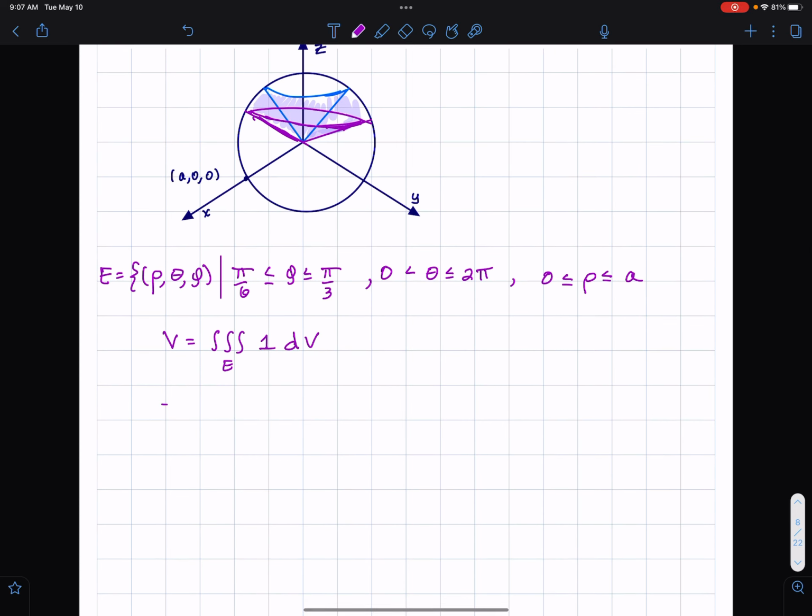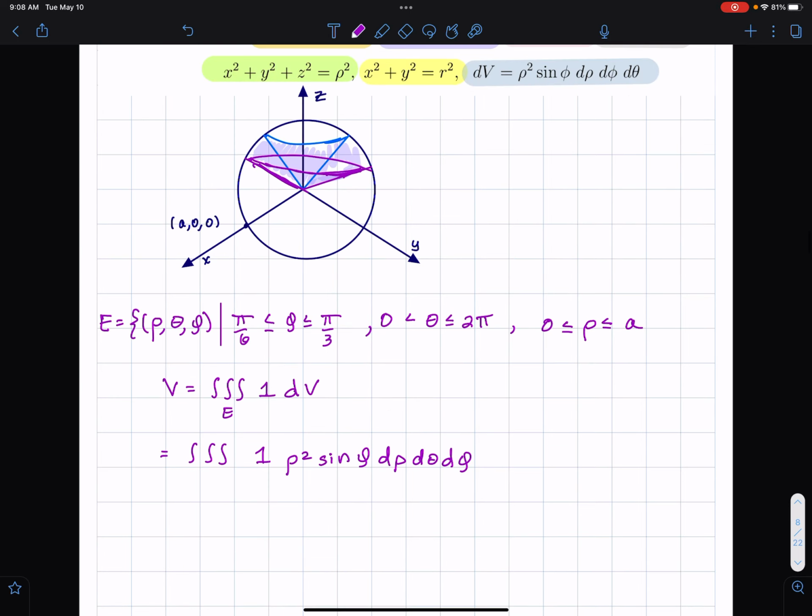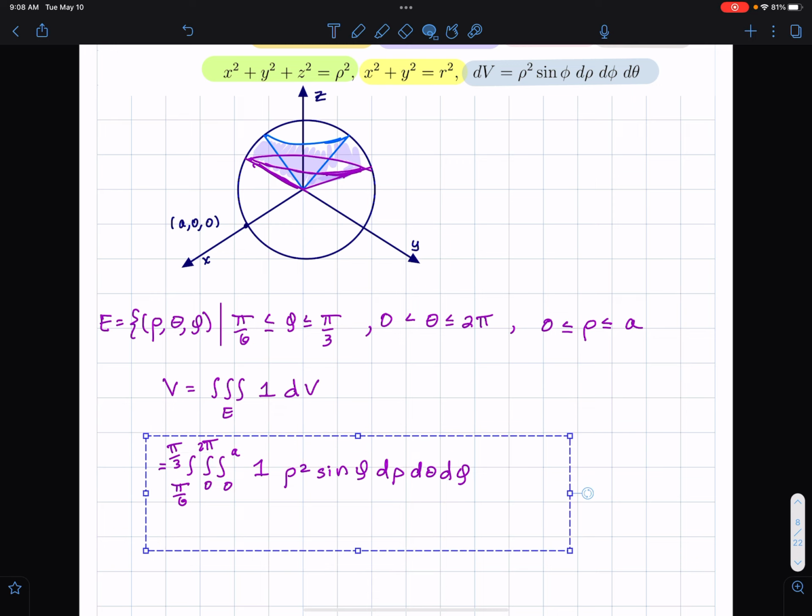So I'm going to integrate 1 times rho squared sine phi d rho d theta d phi. Rho goes from 0 to A. Theta goes from 0 to 2 pi. I don't see any theta here, so we can think about that. And then pi over 6 to pi over 3 for phi.